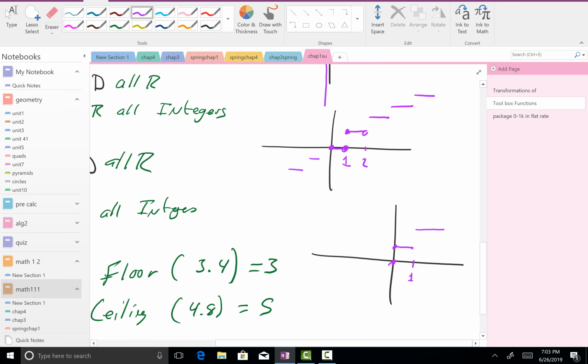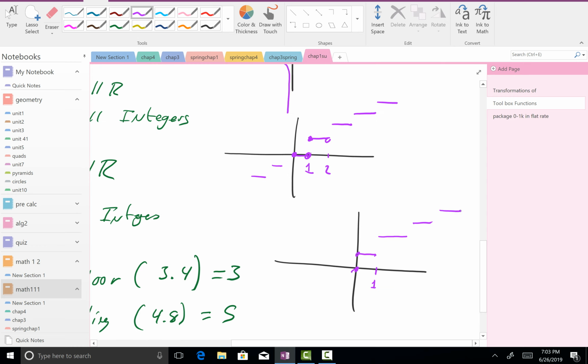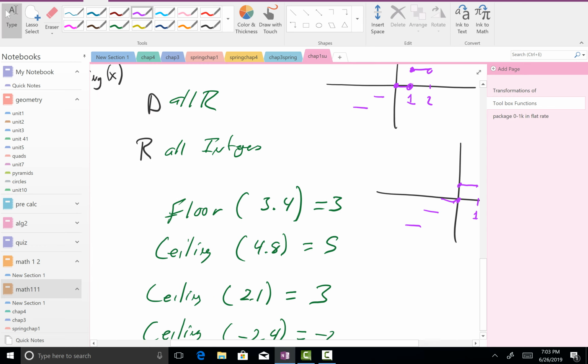In the textbook, okay, they talk about the greatest integer function, okay? And the greatest integer function is very similar to floor. What page? 82.